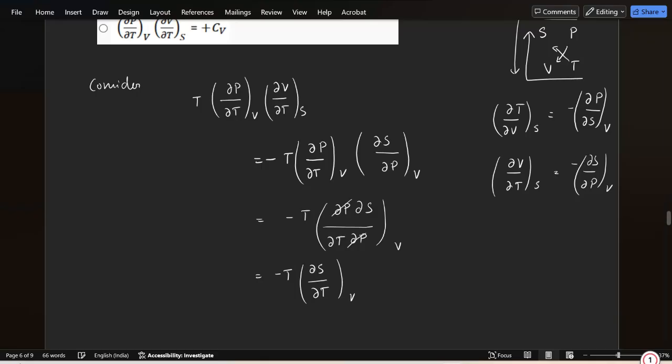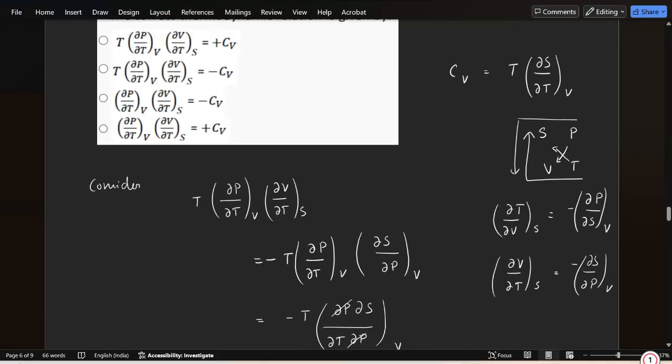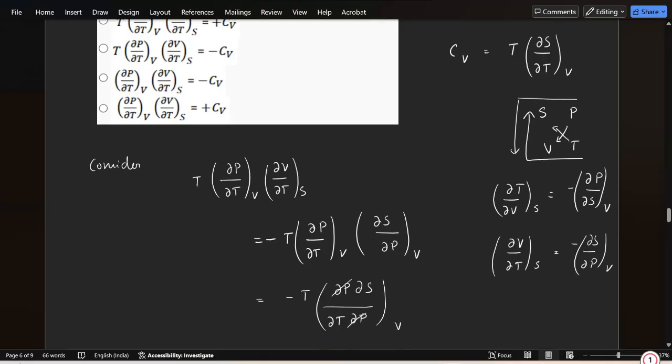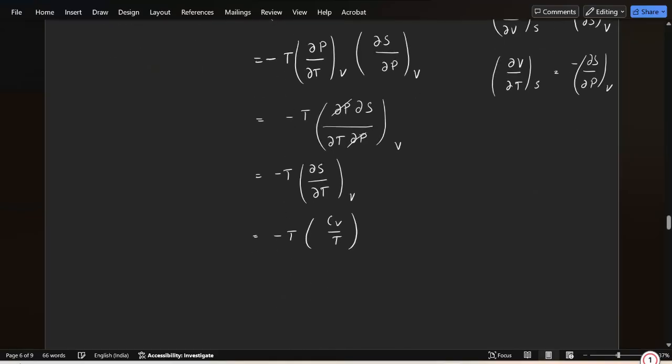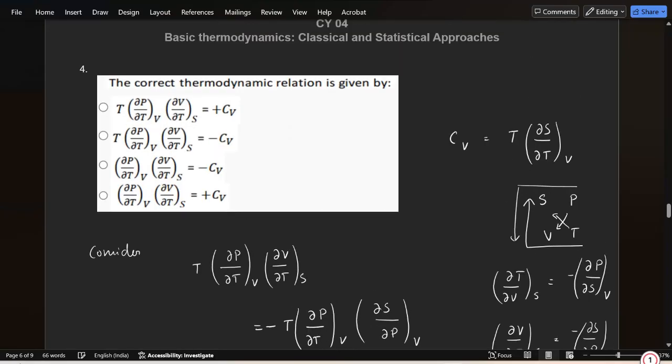So what is this? Del S by del T at constant volume, you see here, is CV by T, right? So it's going to be minus T into CV by T. So the final answer is going to be equal to minus CV. Okay, so that is indeed here. So the second option is the correct one.